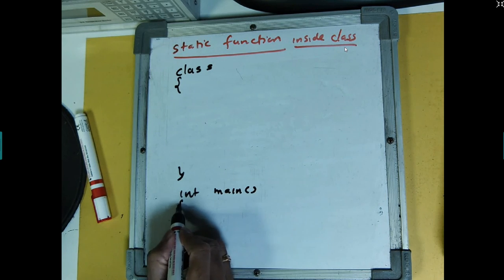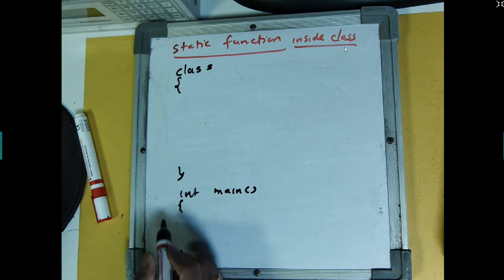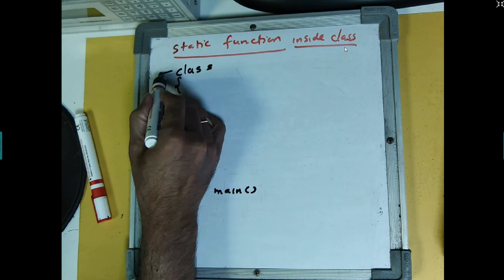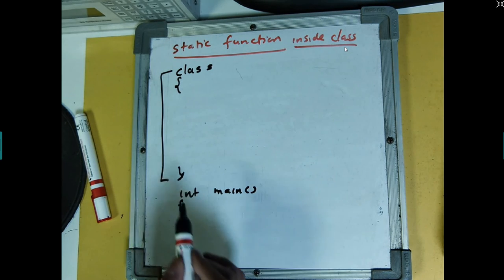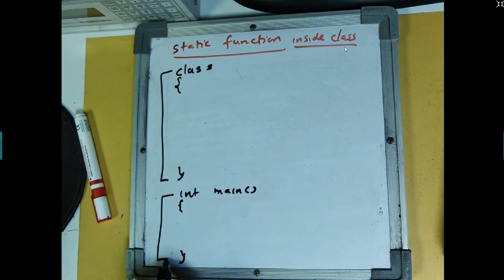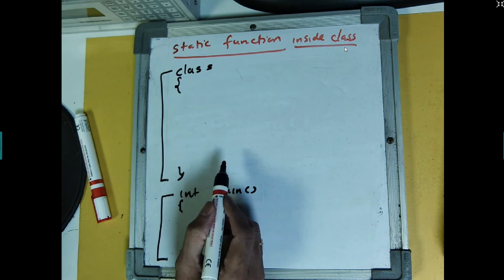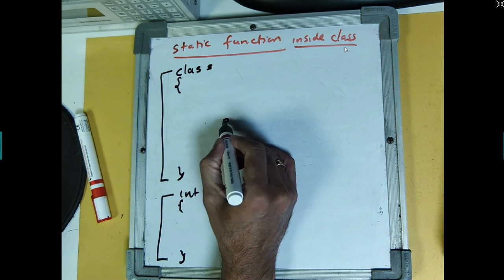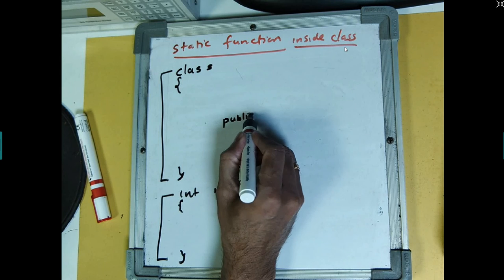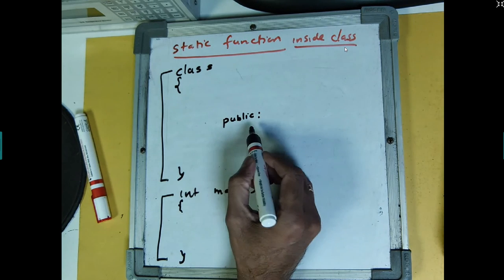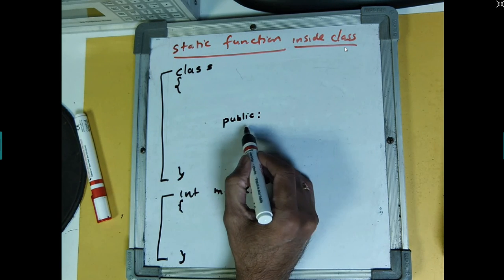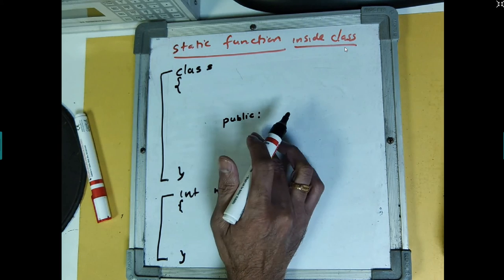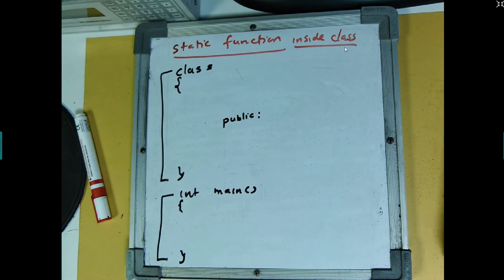As we always said, these two are totally separate and they can only talk to each other through the member functions or variables defined inside the public section of the class.